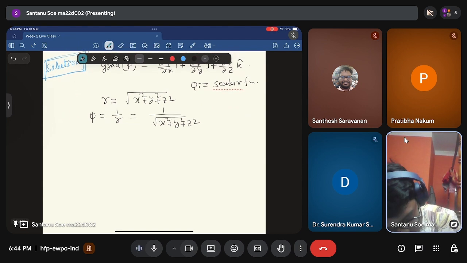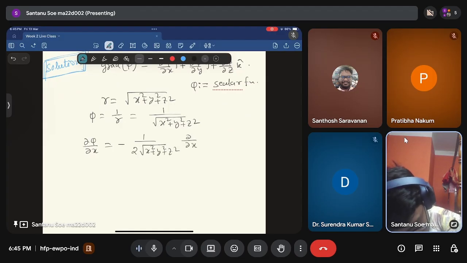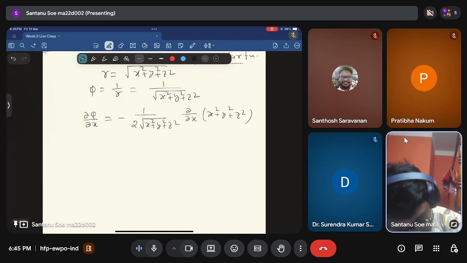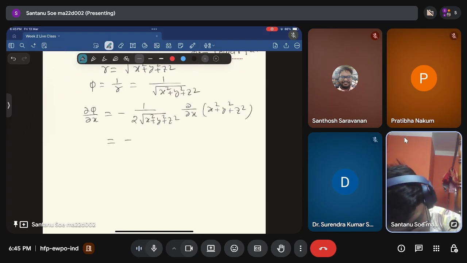So now del phi by del x. This will be minus 1 by 2 times square root of x square plus y square plus z square into del x of x square plus y square plus z square. Okay. So this is minus of 2x by 2 into square root of x square plus y square plus z square. So 2 will get cancelled out.